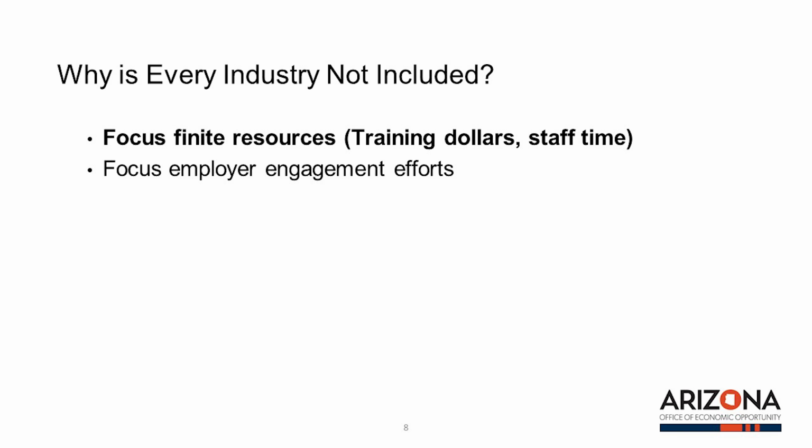It focuses the efforts and provides the best outcomes and the highest return. That's why we do not include every single industry. Not everything is ranked, because that would honestly not be worth the time it would take. So that's why we ran our methodology, so we have that focus for the in-demand industries.